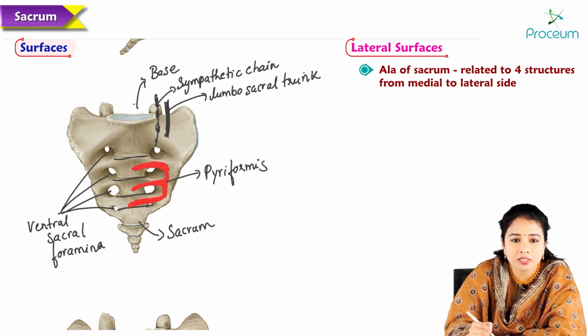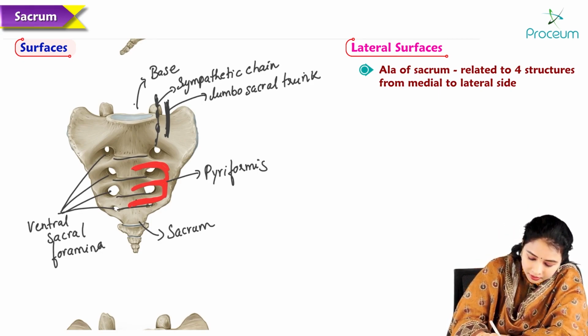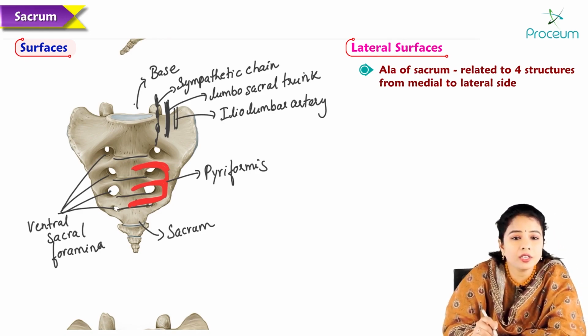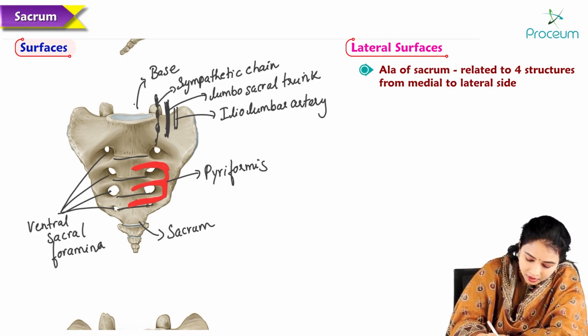Lateral to the lumbosacral trunk is the iliolumbar artery. And lateral to the iliolumbar artery is the obturator nerve.